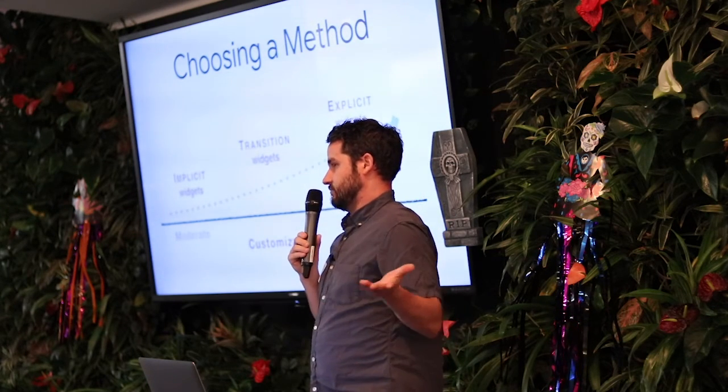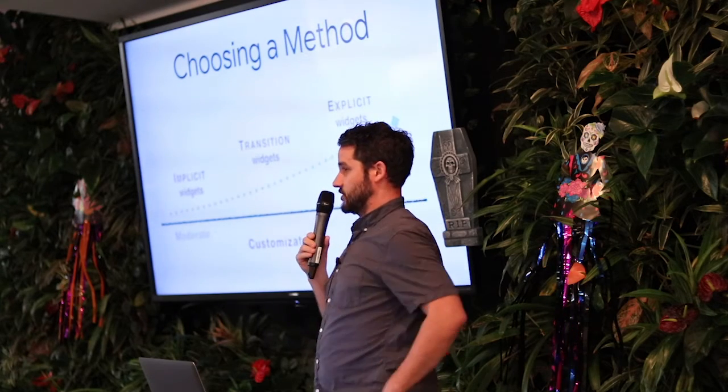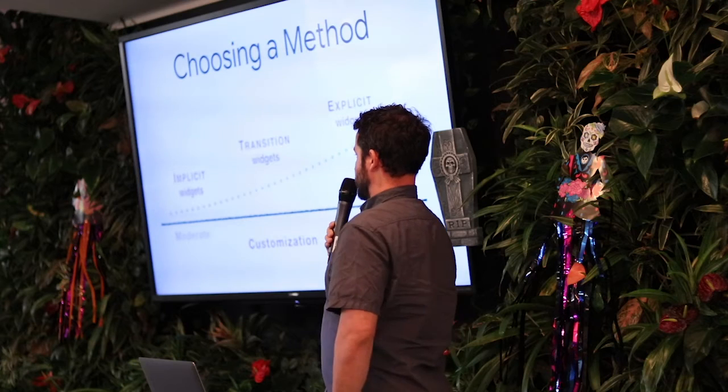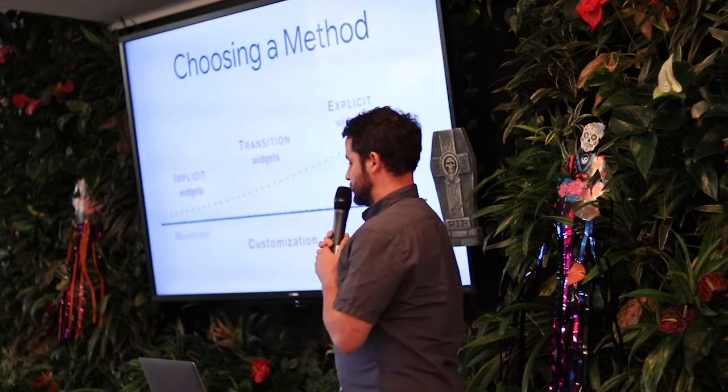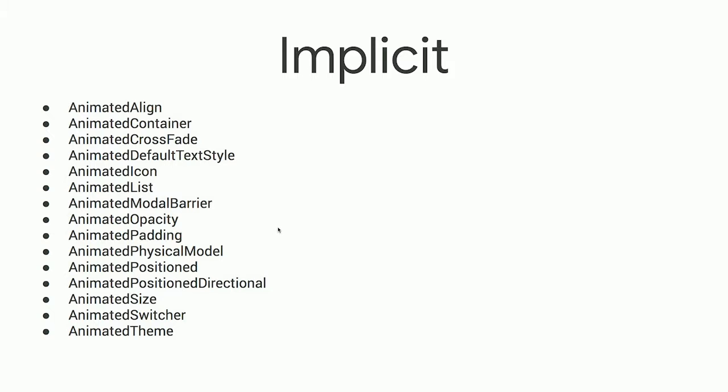That might be obvious, but we're going to go in order here and progress our way up. We're going to start with implicit widgets. Here is a list of all the implicit widgets that Flutter provides. These are all classes, and they all extend something called an implicitly animated widget.